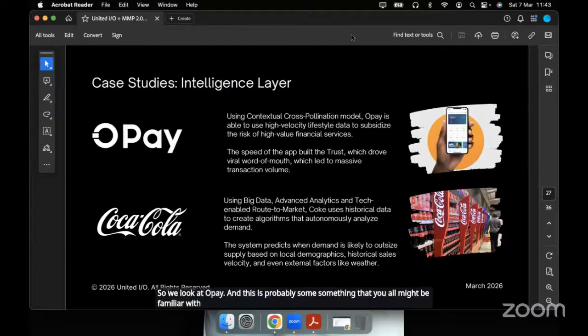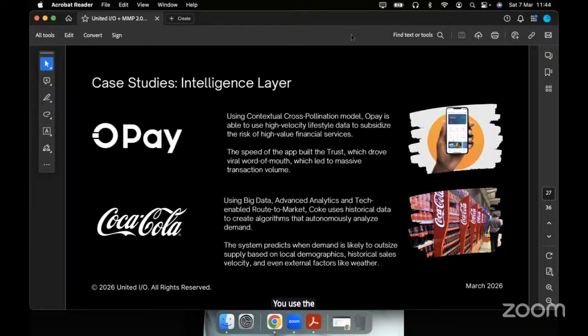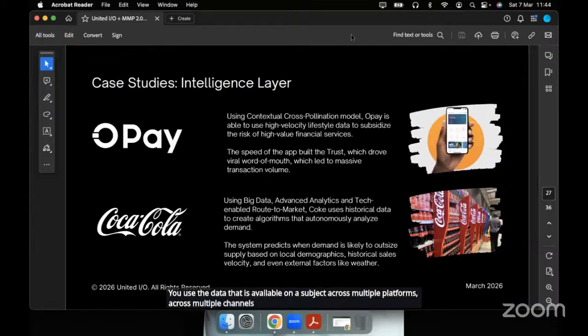There's a modeling concept that is called contextual cross-pollination. It's big grammar, but let me explain what that means. It means that you use the data that is available on a subject across multiple platforms, across multiple channels to deliver or to make a decision on other channels. That's simply what it means.